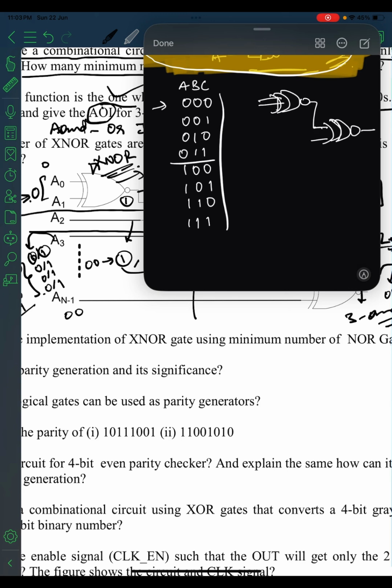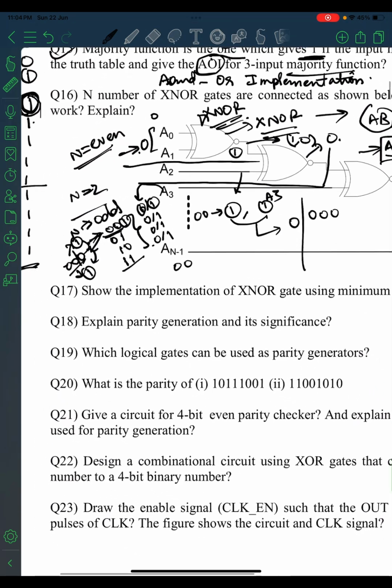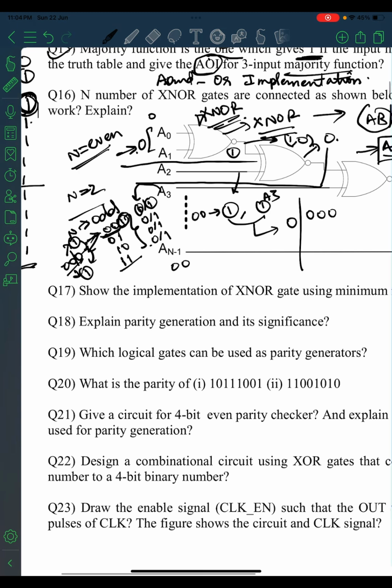Actually, I got a little confused over there. Here, for the 0 0 case, the output will be 1. Now here, whenever A3 is equal to 0, now 0 and 1. 0 and 1, what will be the output of an XNOR?